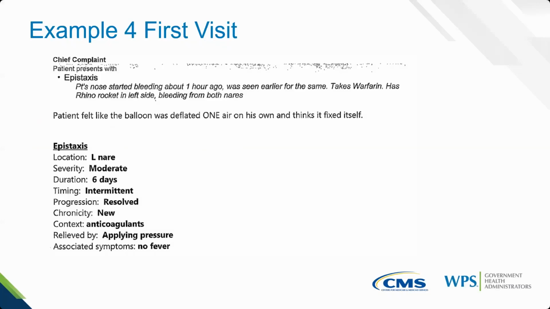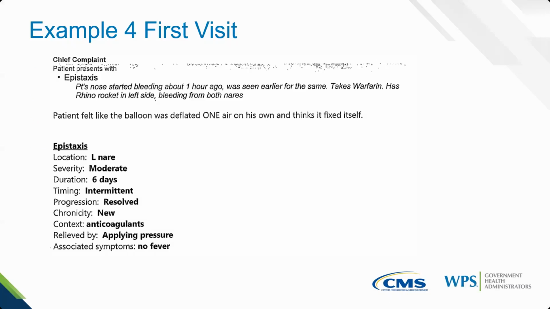So now let's look at example number 4. This example is also one that Medicare denied based on the fact that there were 2 on the same day. So you can see here that the patient was seen for a nosebleed. They have been seen earlier within the past few days for the same thing.